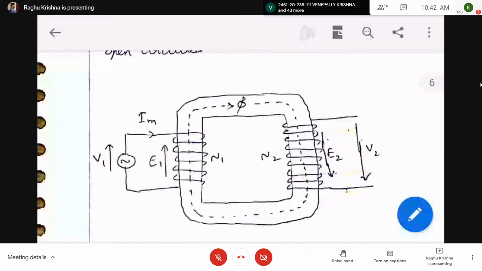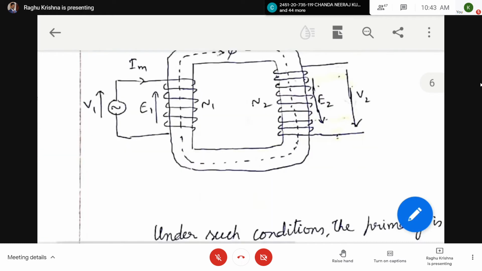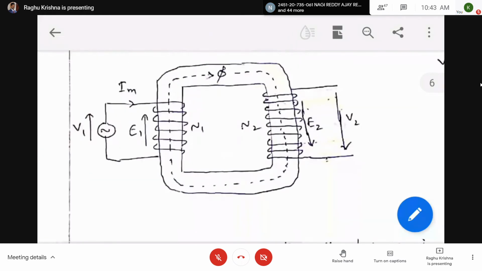When the flux links the coil, EMF will be induced in the coil. So capital E1 is the RMS value of the induced EMF. Next, this flux also links with the secondary winding, which has N2 turns. The EMF induced in the secondary winding is E2, and V2 is the terminal voltage.